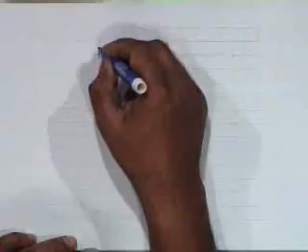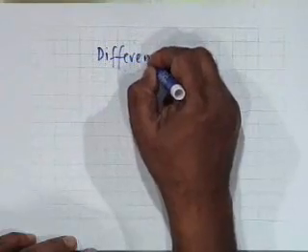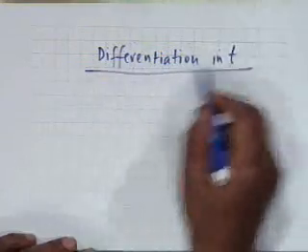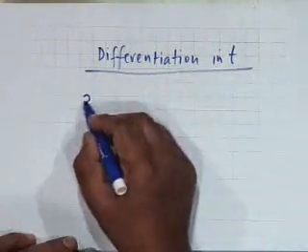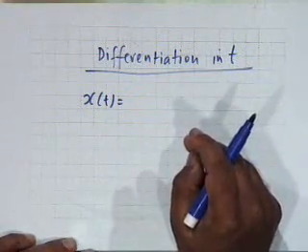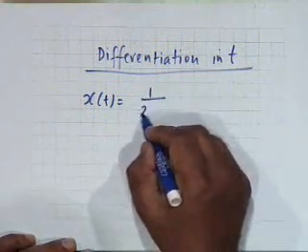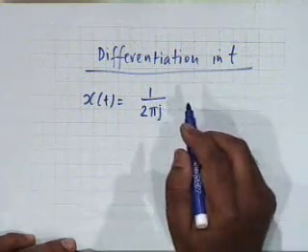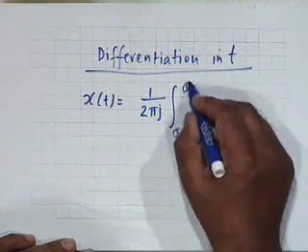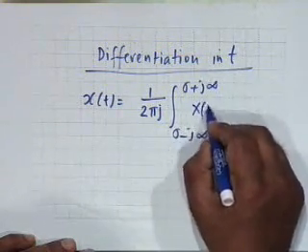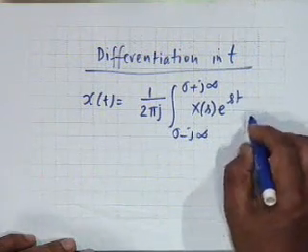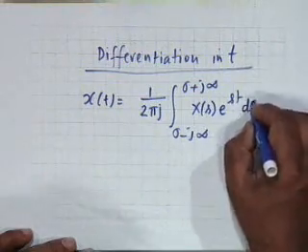Next we consider differentiation. Differentiation can be in the time domain or in the frequency domain. Let us first consider it in t. Now the usual thing that we do, however, we have to take the inverse relationship to be able to prove this relation: x(t) equals 1 by 2 pi j, integral from sigma minus j infinity to sigma plus j infinity of X(s) e to the st ds.